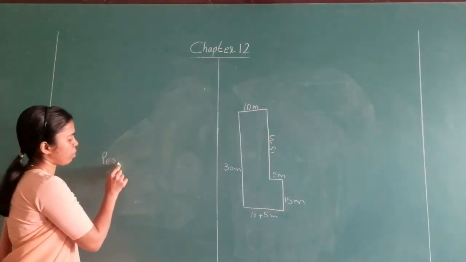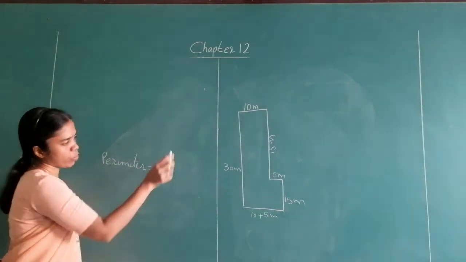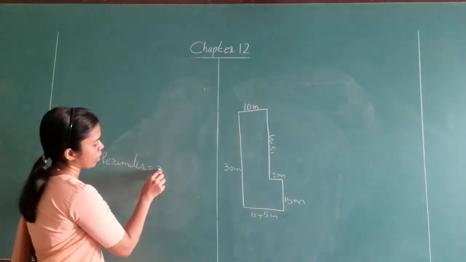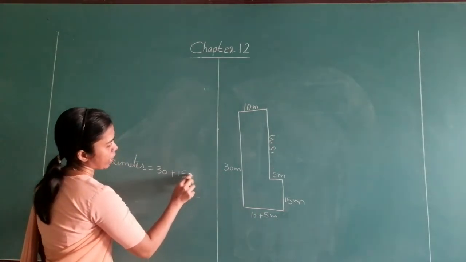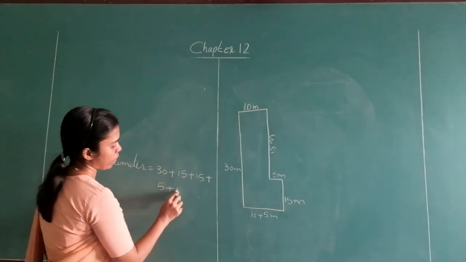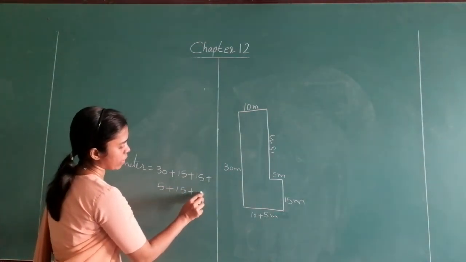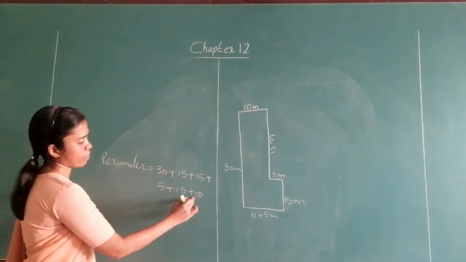So how do you find the perimeter? You write perimeter equal to, add all the measures, that is 30 plus 15 plus 15 plus 5 plus 15 plus 10. 6 measures.